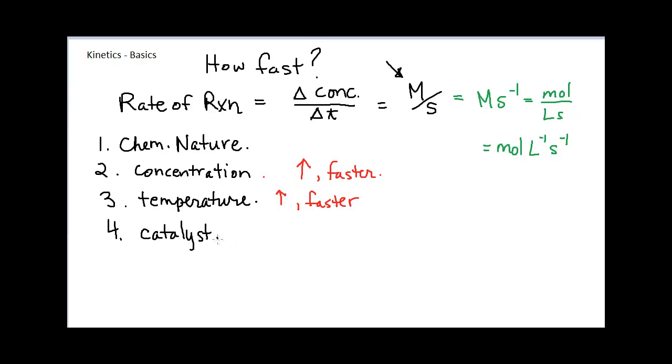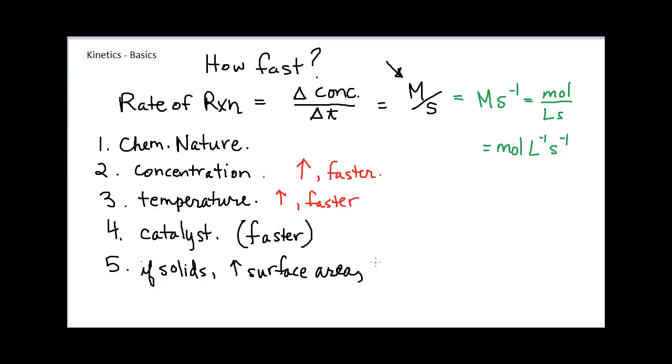By definition, a catalyst is something that makes the reaction go faster, so the presence of a catalyst makes the reaction go faster. That's what it does, or else we don't call it a catalyst. And then the fifth factor only really shows up when we have solids. If there are solids present, then the amount of surface area does affect the rate of the reaction. If you increase the surface area, you get a faster reaction.